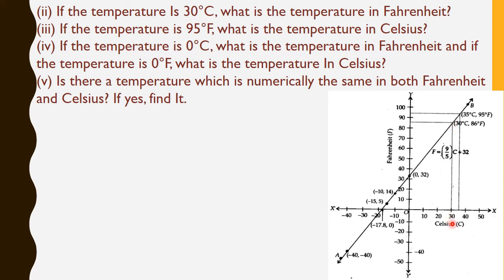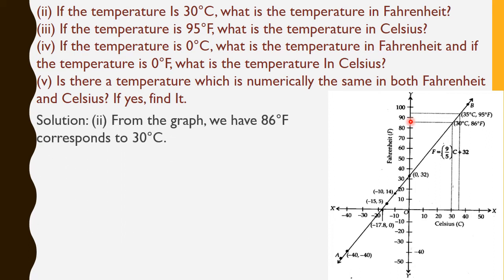So for 30 degrees we have made this point, and if we drop another line perpendicular to the y-axis, it meets right over here. In the graph we can see that it will be 86 degrees Fahrenheit. So from the graph, 86 degrees Fahrenheit corresponds to 30 degrees centigrade.